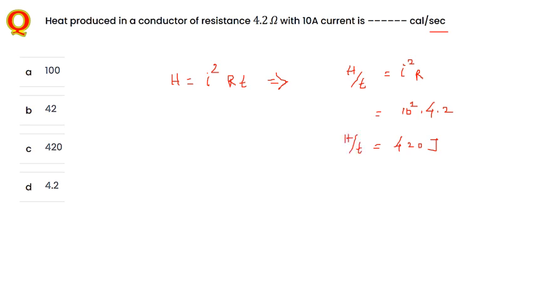According to this one, 1 calorie here is 4.2 joules. This is the general unit. From this one, 1 joule is 1 divided by 4.2 calories. See, the heat production is in joules, but they have given the answer in calories.